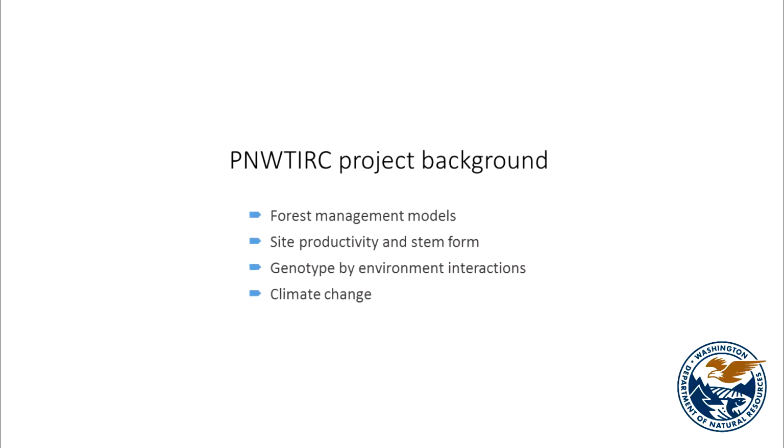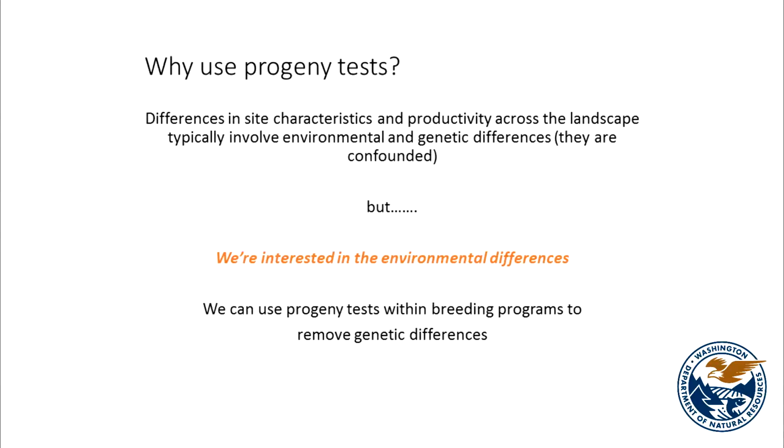So that gives me the Pacific Northwest Tree Improvement Research Cooperative project background. Why would we want to use these progeny tests? Walking across the landscape, you come across stands and you see stands that are more productive than others. The differences in the productivity can be both environmental and genetic, but in most places these differences are confounded.